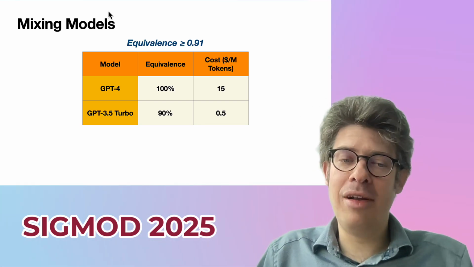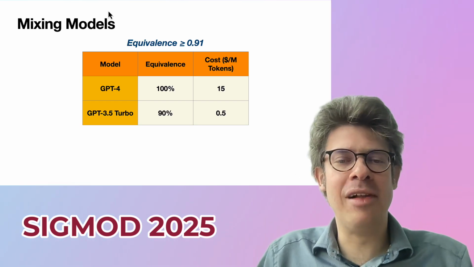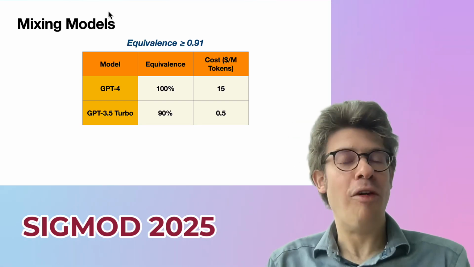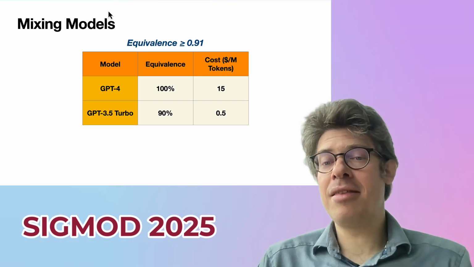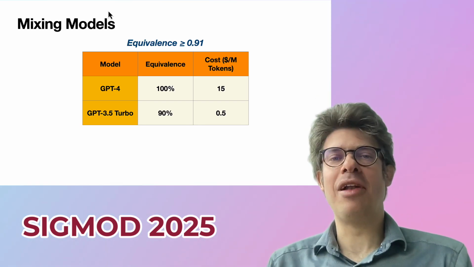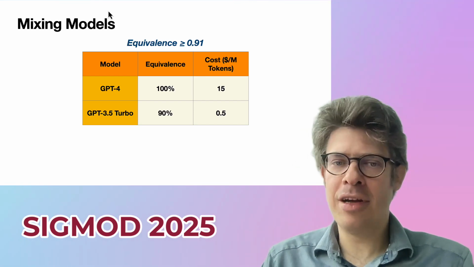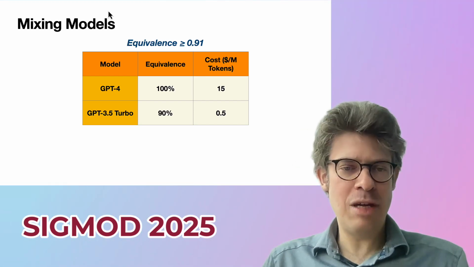And another model, the GPT 3.5 Turbo model, produces equivalent output to the reference in 90% of cases. On the other side, the GPT-4 model is 30 times more expensive per token compared to the cheaper model.